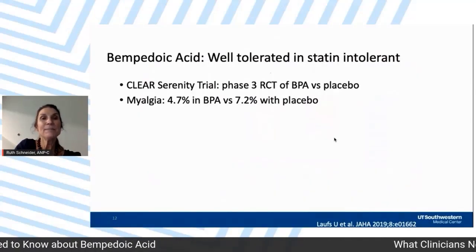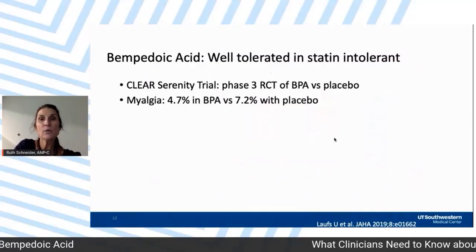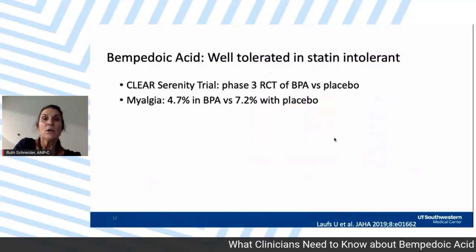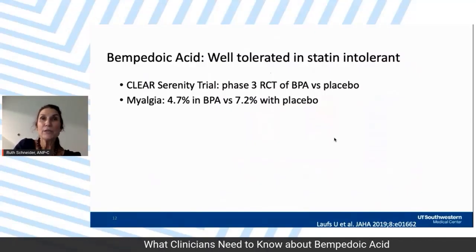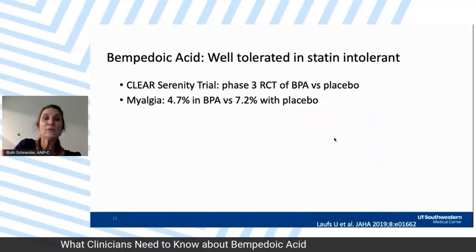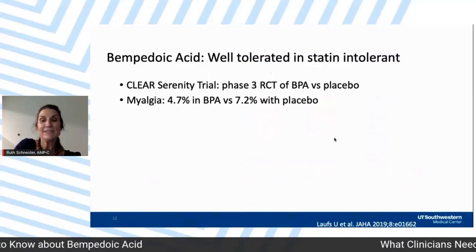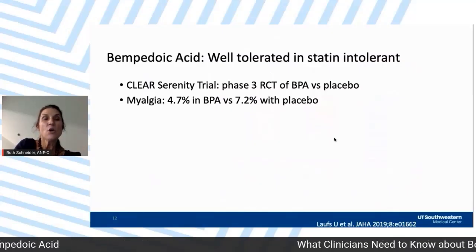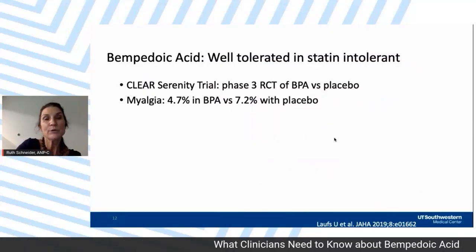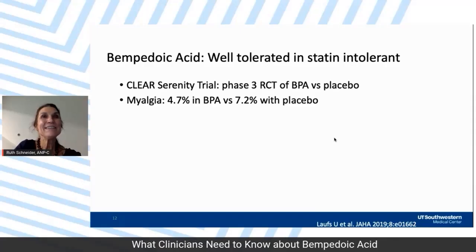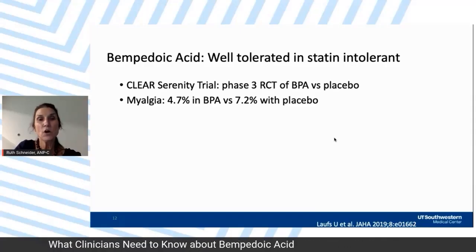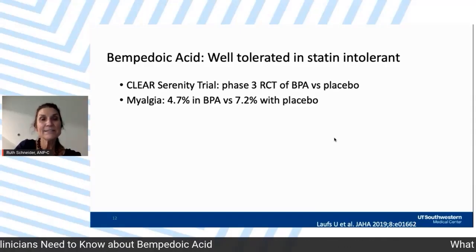All right, so bempedoic acid, well tolerated in statin intolerant. We found this out from the Clear Serenity trial. Remember, that trial looked at individuals that either had ASCVD, heterozygous FH, or primary prevention patients, but they had all been tried on 2 statin therapies previously, and they were intolerant to them.